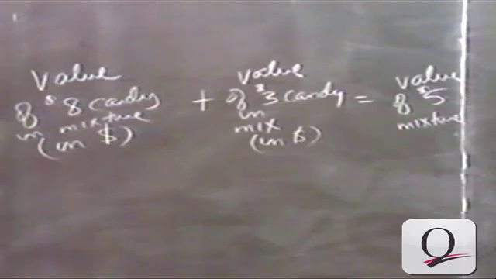You're going to put some $8 candy and some $3 candy and come out with a mixture worth $5.